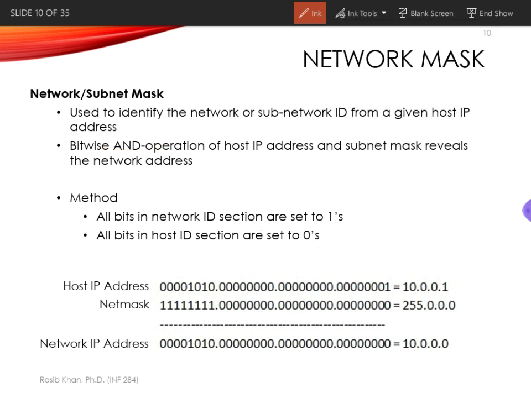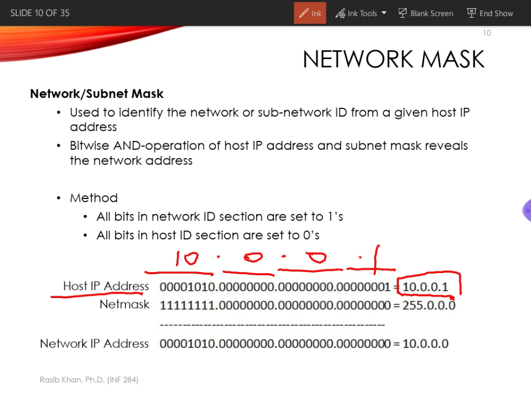So let's look at an example here. We have an IP address of a host as 10.0.0.1. And if we convert it into the equivalent binary, we see that the first octet, 10, converts to 00001010.